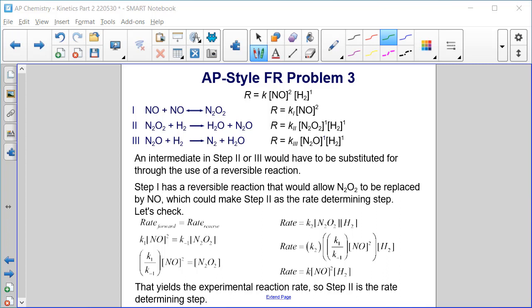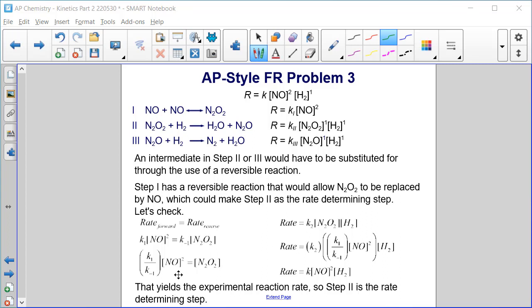So, for the reversible reaction, I set the rate of the forward reaction equal to the rate of the reverse reaction. The rate of the forward reaction I've already written up here, K1 times the concentration of NO squared, which equals the inverse of that, K minus 1, times the concentration of N2O2 for the reverse reaction.